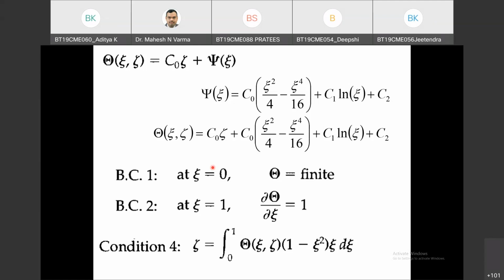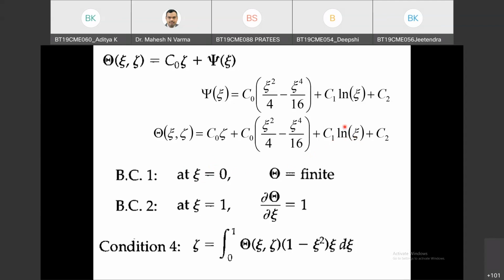Sir, C1 will be 0 because theta is 0, so phi should be finite. Yeah. So this epsilon or xi, whatever you call psi, if you keep ln psi equals 0 here, ln 0 is undefined. Yes, sir.